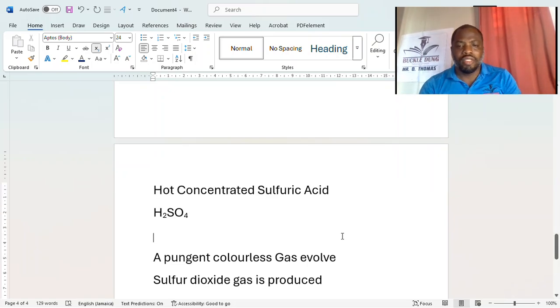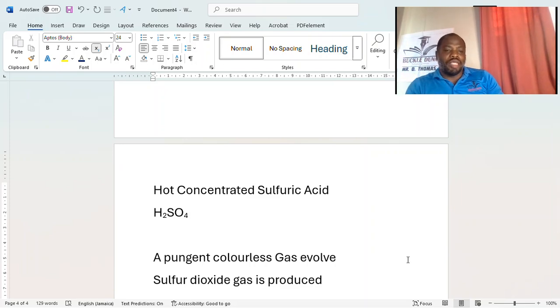So for this oxidizing agent, when you mix it with a reducing agent, you're going to have a pungent colorless gas evolving.